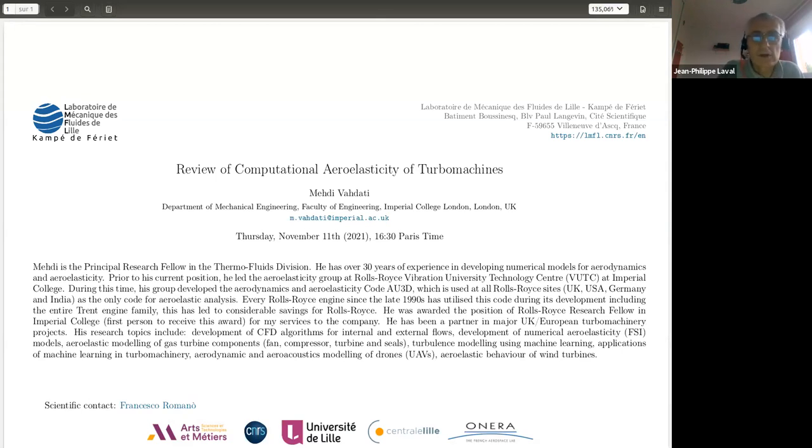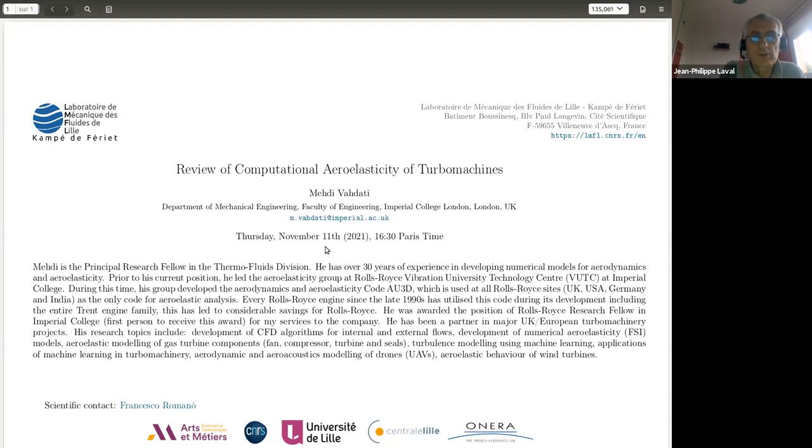Professor Vahdati is a principal research fellow in the thermo-fluid division. He has over 30 years of experience in developing numerical models for aerodynamics and aeroelasticity. Prior to this current position, he led the Aeroelasticity group at Rolls-Royce Vibration University Technology Center at Imperial College.